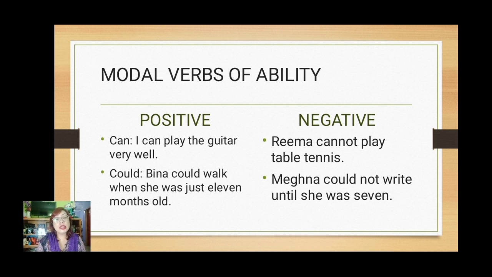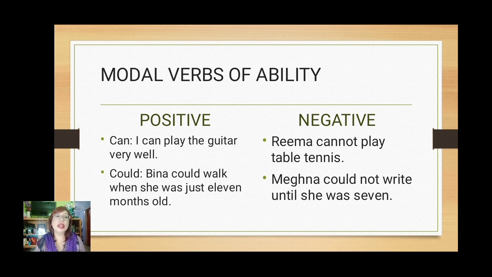Now students, if I turn this modal verb of ability into a negative one, I simply have to add not after the modal verb. Can you see that? We can change it into a negative one. Rima cannot play table tennis.